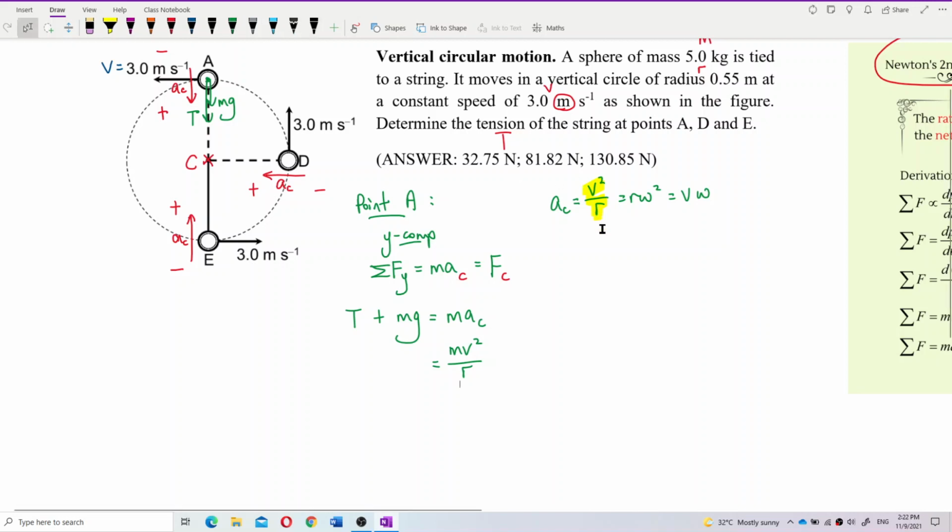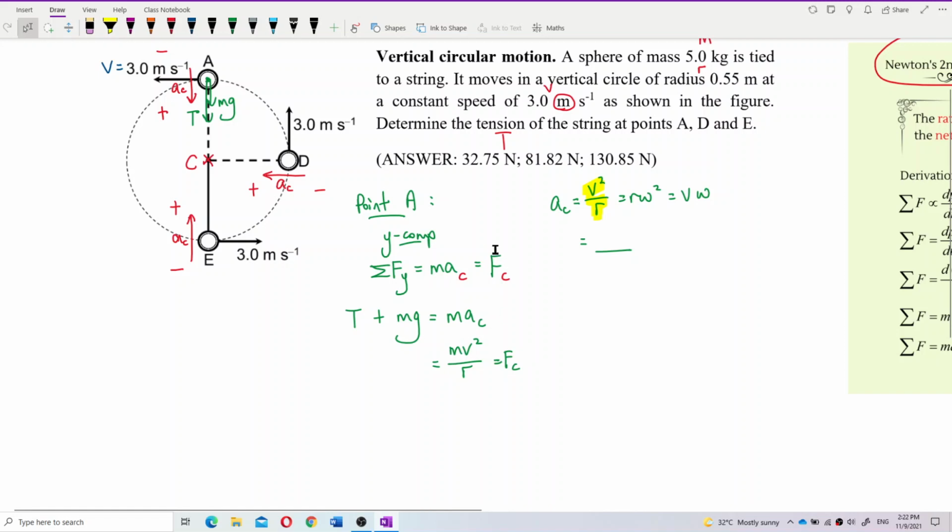Or you can find the value of a_c first and substitute here, also can. But you can also substitute the formula here, m v square over r. Actually, m v square over r is the formula for centripetal force.